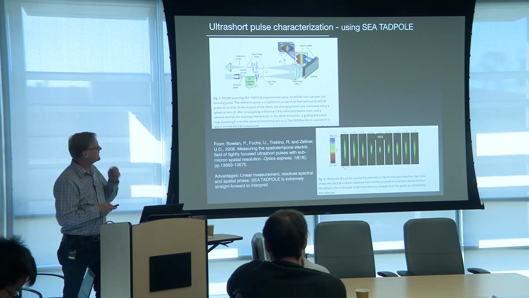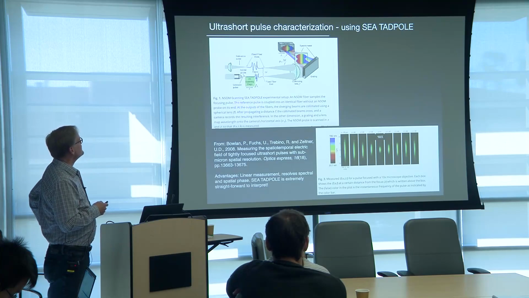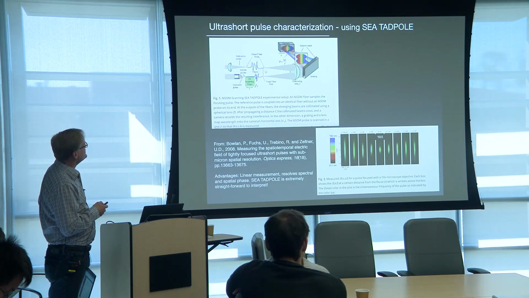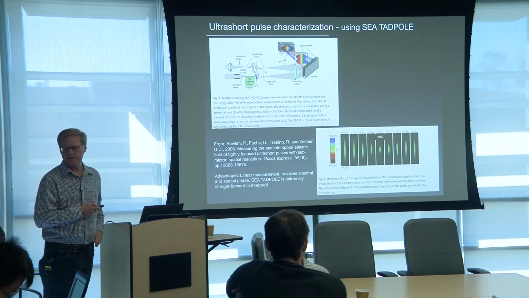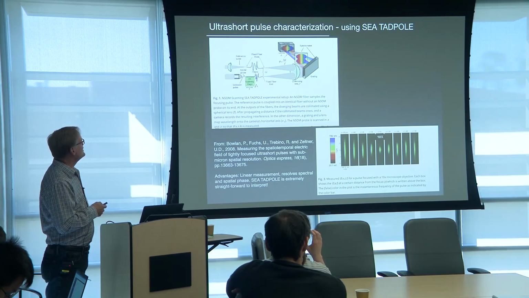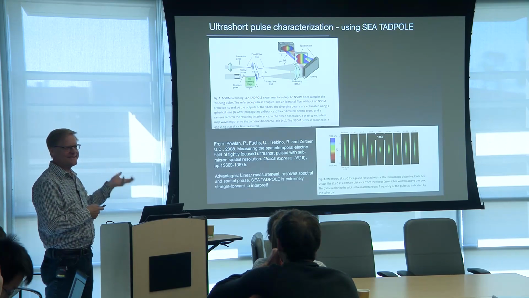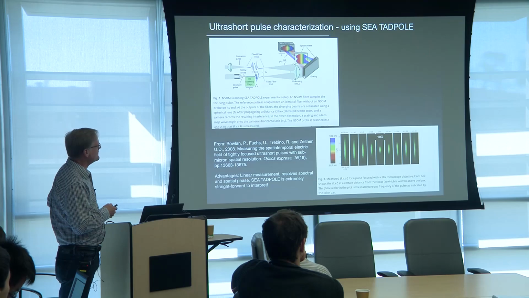Then Rick and company did something super clever, which I love. They said, okay, I'm going to take two pulses and go into a spectrometer again, spectrally resolving them. Just to plant all the seeds of what these techniques can do, if you want more details of exactly how they work, come see me later.